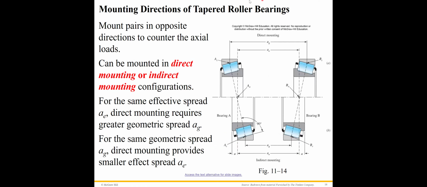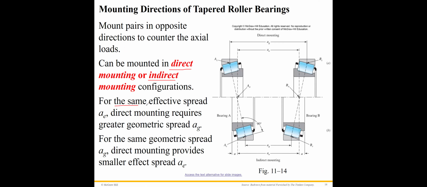Okay, so the mounting direction of the taper roller bearing. The bearings are mounted in pairs in opposite directions to counter the axial load. They can be mounted in direct mount and indirect mount configurations.